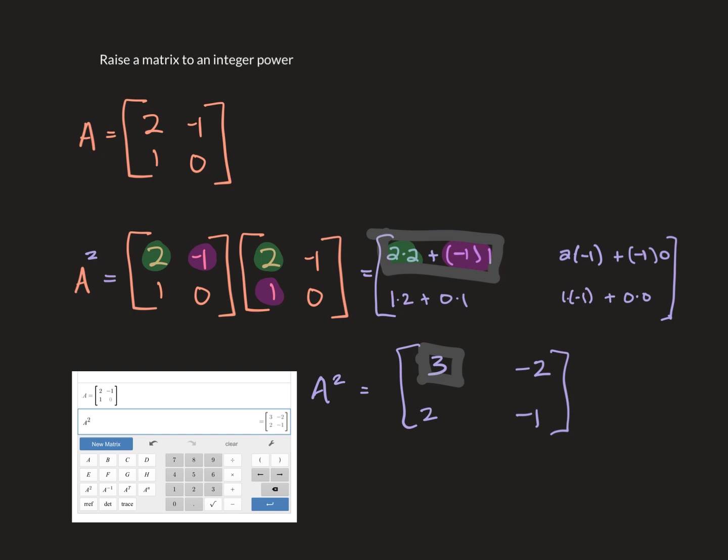And you'd continue, so same deal: I would multiply these two numbers by these two numbers to get this entry right here, these two numbers by these two numbers to get this entry right here, and these two numbers by these two numbers to get this entry right here.